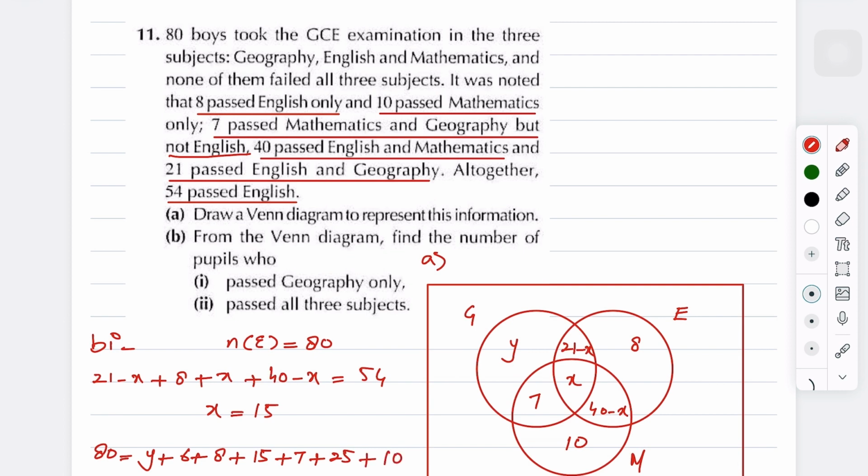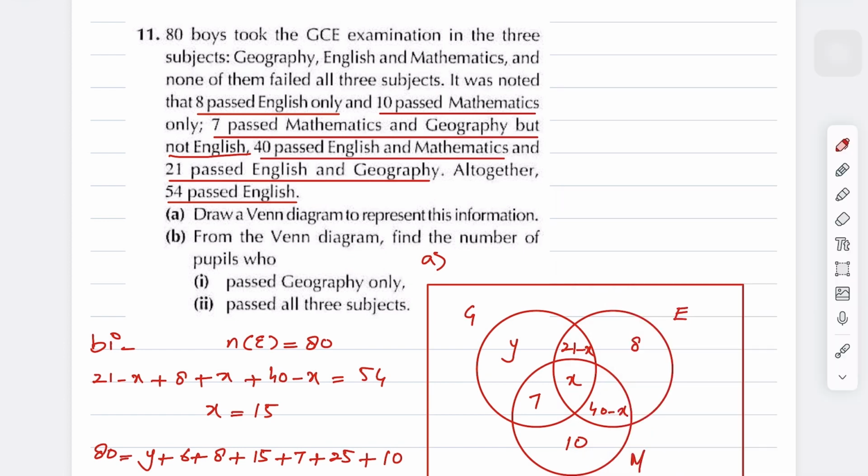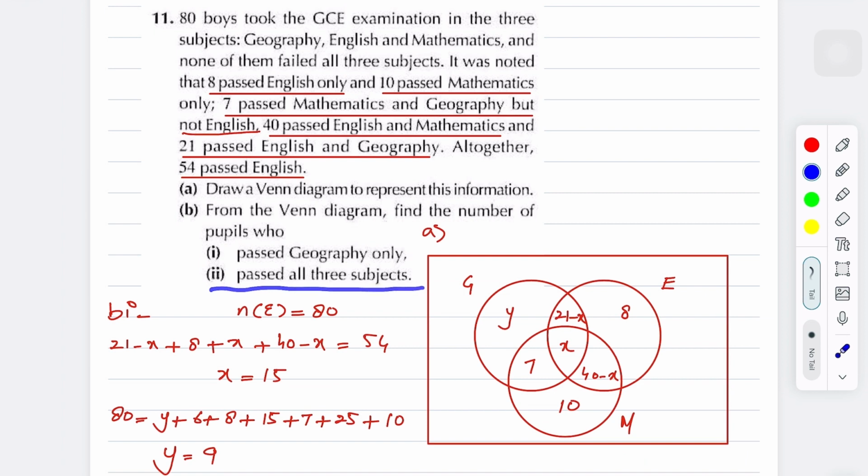When you further simplify, you will get the value of y, which is 9 in this case. Now for the second part, they said the students who passed all three subjects, and that value we have already calculated, so you simply write it over here, and that is your final answer.